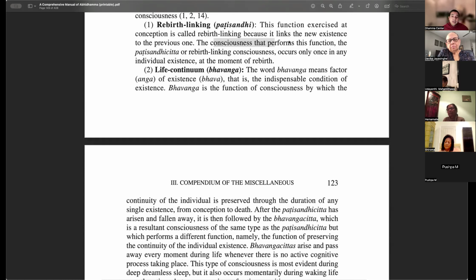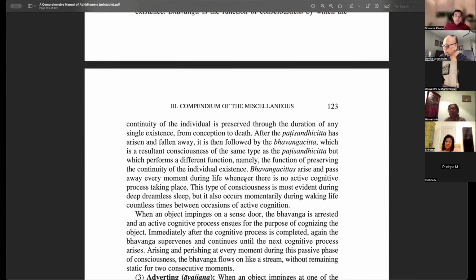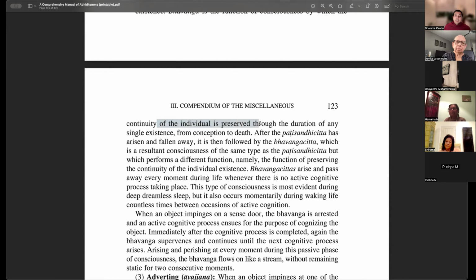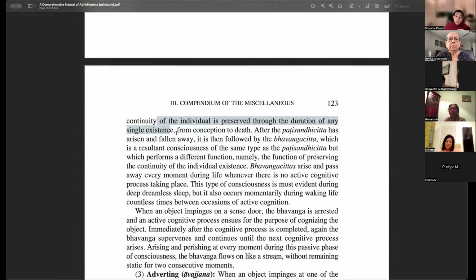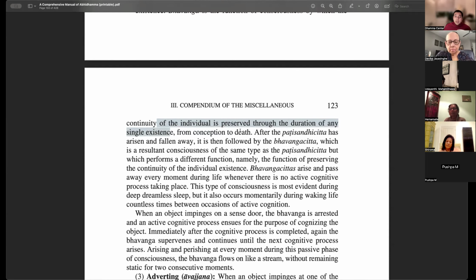So the word Bhavanga means anga of existence, a factor of existence. Bhava is the indispensable condition of existence. Bhavanga is the function of consciousness by which the continuity of the individual is preserved through the duration of any single existence, from conception on to death.